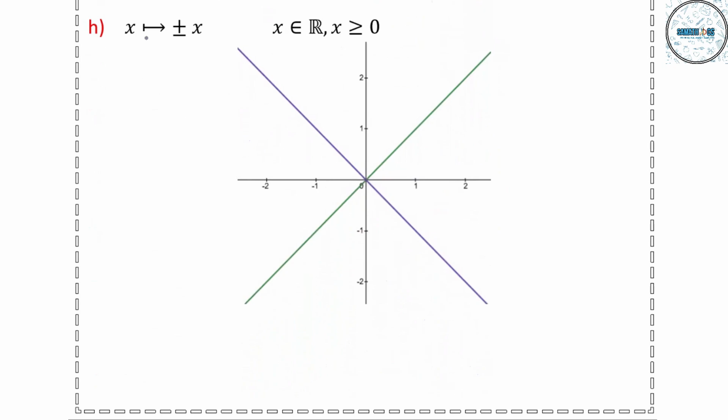In this case, x is mapped to plus minus x. The graph is already drawn. X belongs to real numbers and the domain is x greater than or equal to 0. It means that we just have to consider the part of the curve which is greater than 0. So we have to consider this part of the curve.